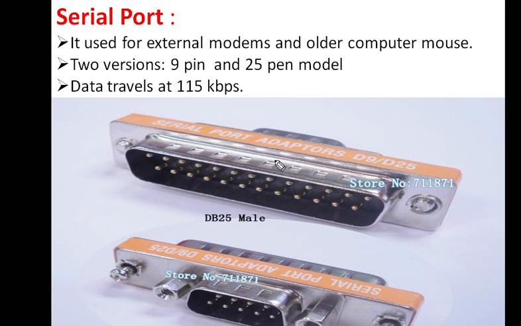So 9 pin and 25 pin models look like this. Here 25 pins, 1 2 3 4 5 6 7 8 9 and up to 25 pins, and another port is 9 pin. These are all 9 pin.